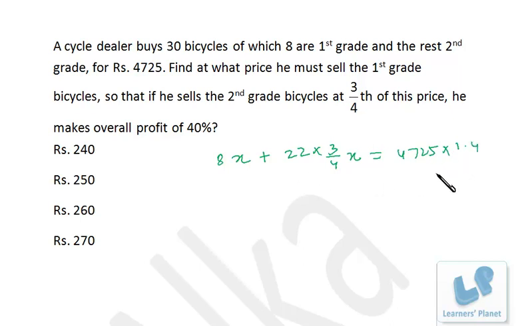So this is the equation that we have to solve, and we have to get the value of X. Okay, so solve it. 16x plus 33, that's 49x is 4725 into 1.4 into 2.